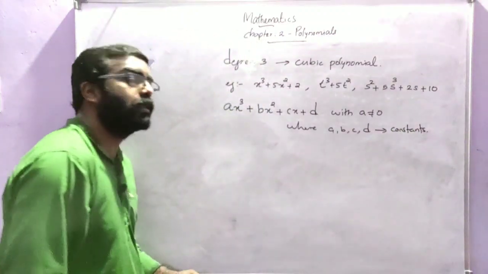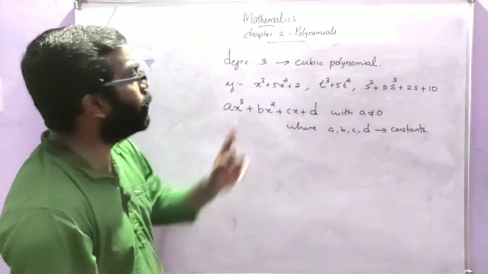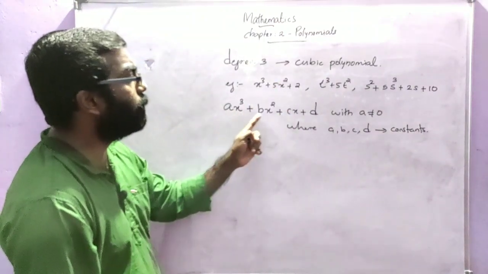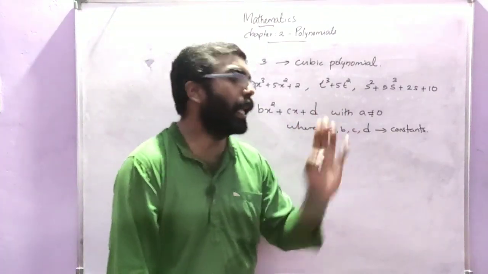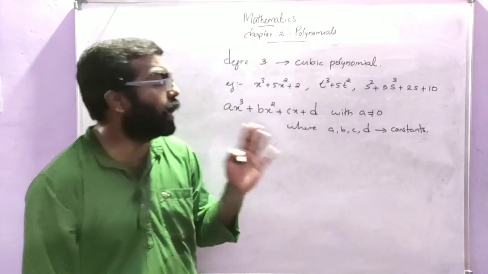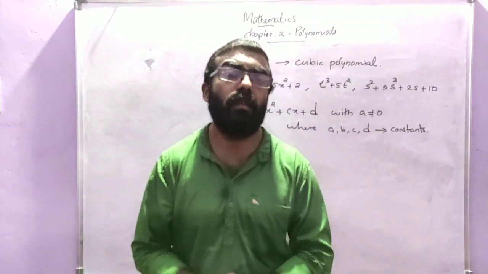Okay, the standard form or the general form of a cubic polynomial is ax cube plus bx square plus cx plus d with a not equal to 0 and where a, b, c and d are constants.